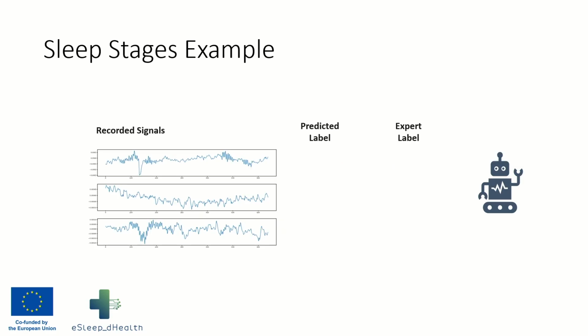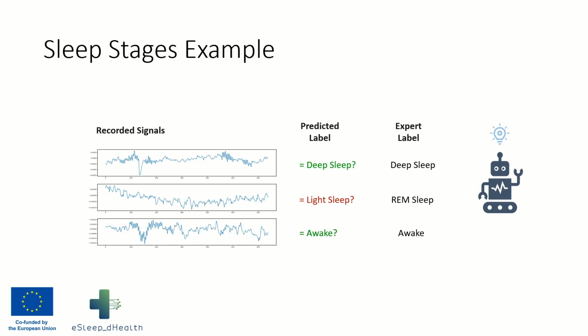So again, this would be the classification step. And just looking at the EEG, our model would predict whether it's most likely to be deep sleep, light sleep, or awake. And then we can check these labels with the expert label.